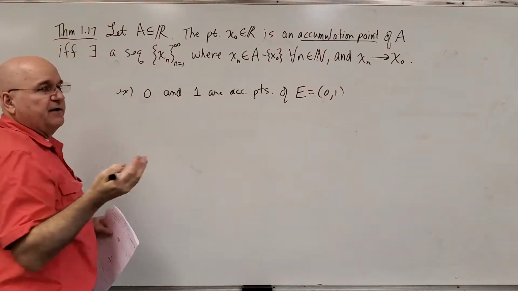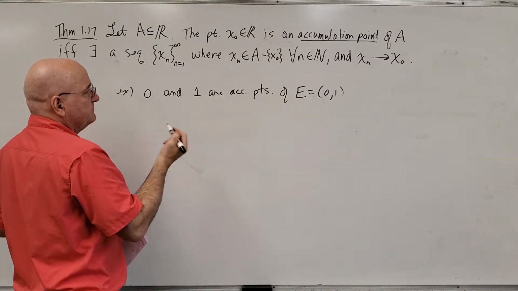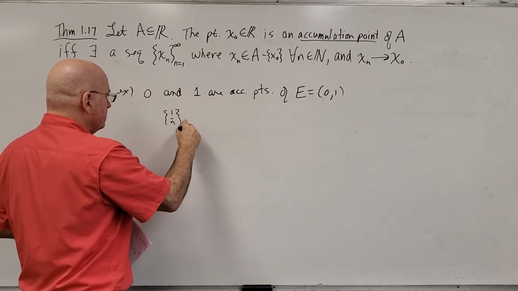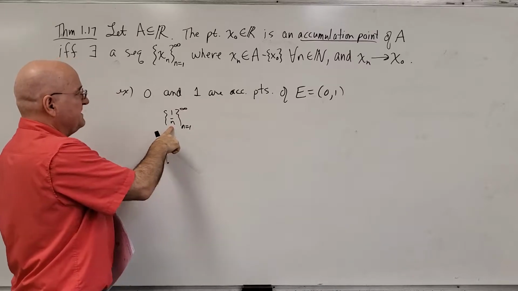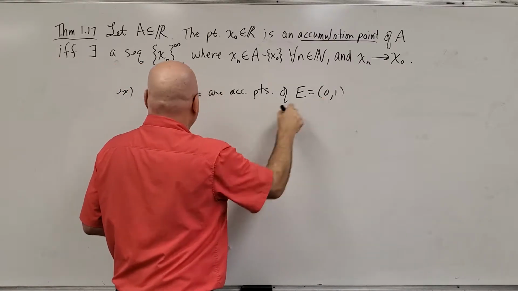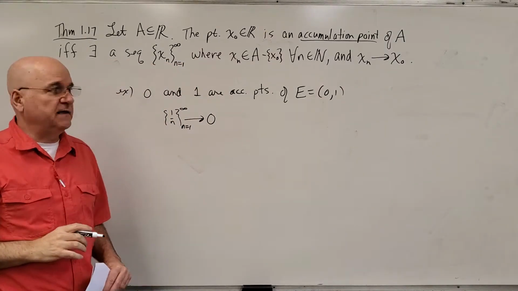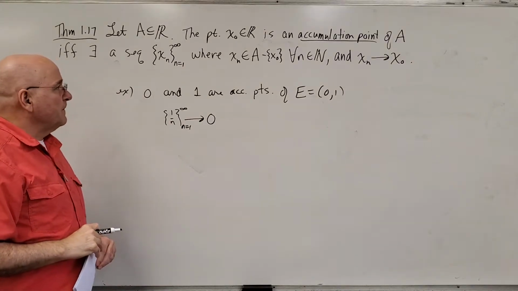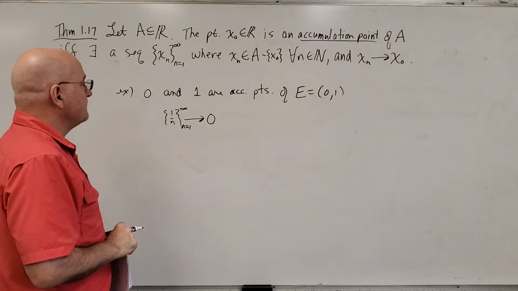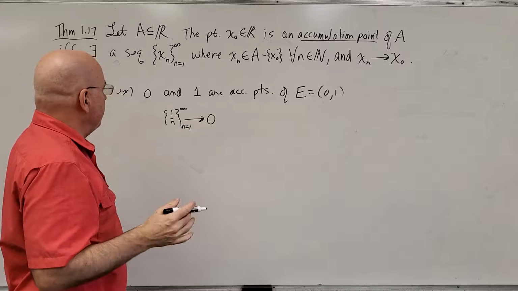And based upon this theorem, we can find a sequence that converges to both 0 and to 1. Here is a sequence made up of elements only in the set E that converges to 0, which is not in E. So therefore, 0 is an accumulation point of the set E. And how can we get one that converges to 1?